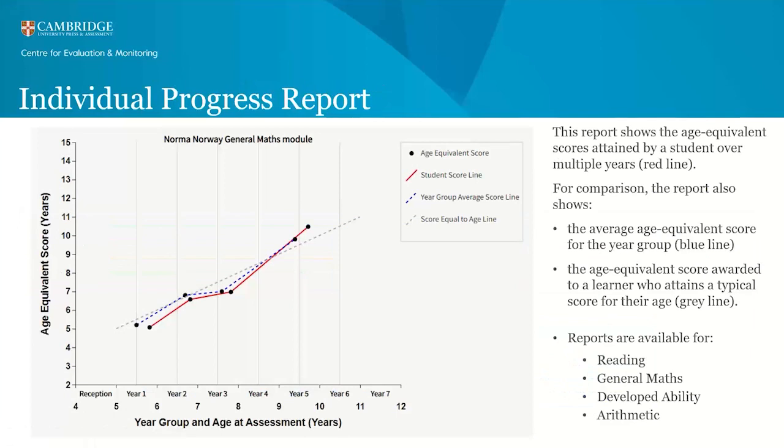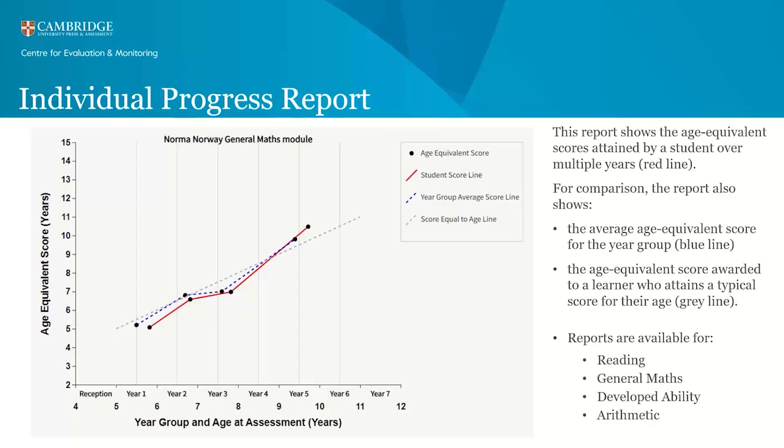And also we have, again, something that tends to be used for internal purposes, the individual progress report, which you would want to use within year groups or within schools more broadly, within multi-academy trusts perhaps. You can look to see how individual students are doing compared with their projected path through the system.